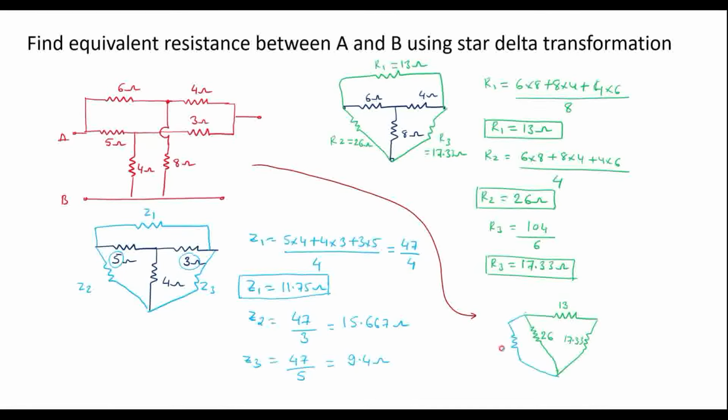This is Z2 which is 15.667, here we have Z3 which is 9.4, and here we have Z1 which is 11.75. This end is connected to node A and this end is connected to node B.